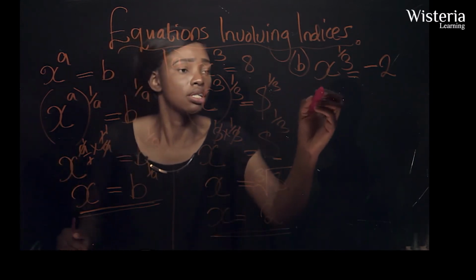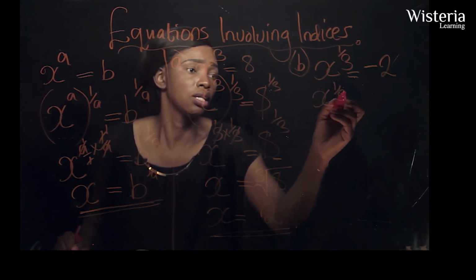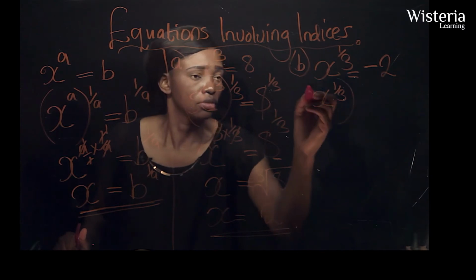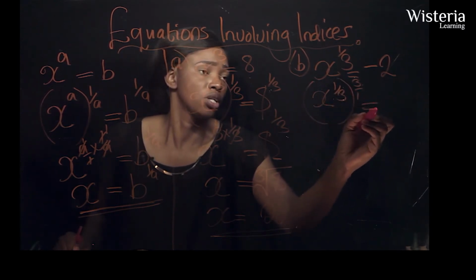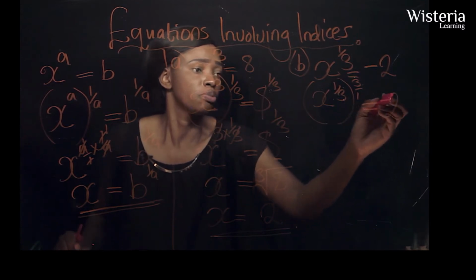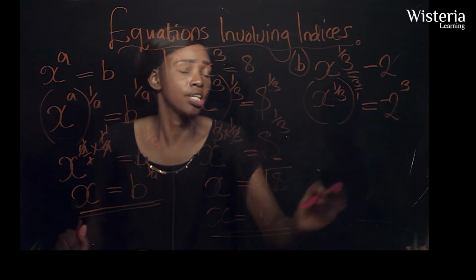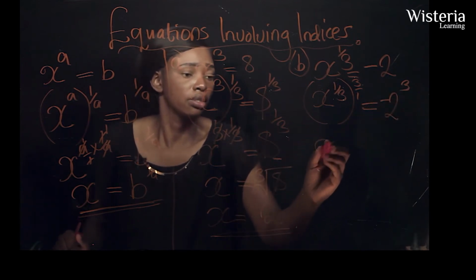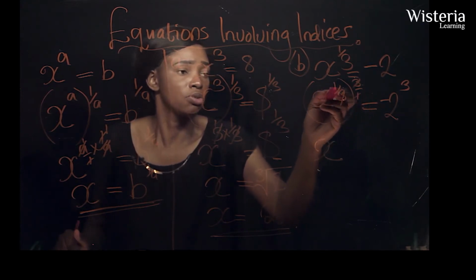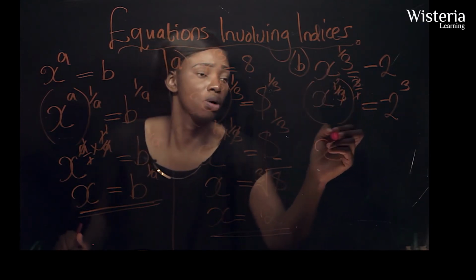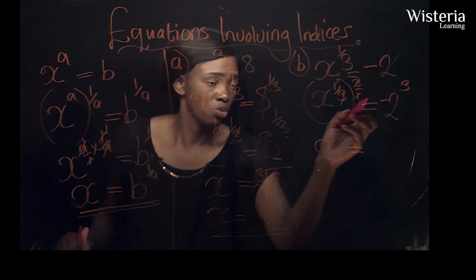Then we come to this side. It will be x to the power 1 over 3 times 3 over 1, which will be equal to negative 2 to the power 3. It is not necessary to put over 1 there. So 1 over 3 times 3 will be 1, and x to the power 1 is the same as x, which is equal to negative 2 to the power 3.